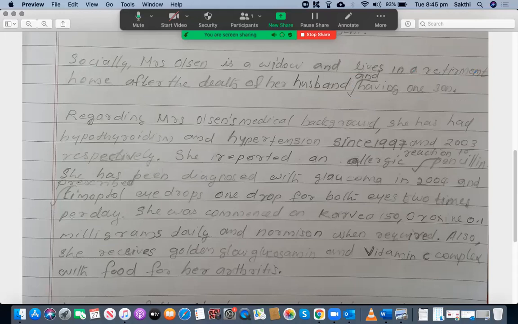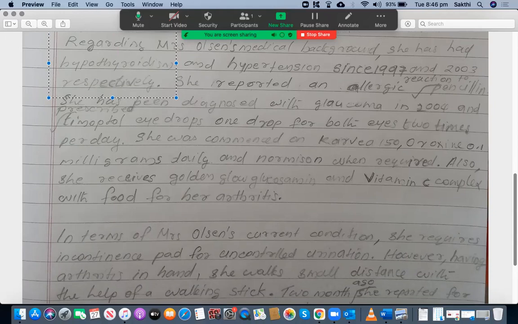Regarding Mrs. Olsen's medical background, she has had hypothyroidism and hypertension since 1997 and 2003 respectively. That's good. I'm very happy with this one. She reported an allergic reaction to penicillin. She has been diagnosed with glaucoma in 2004 and prescribed Timoptol eye drops, one drop for both eyes, 2 times per day.